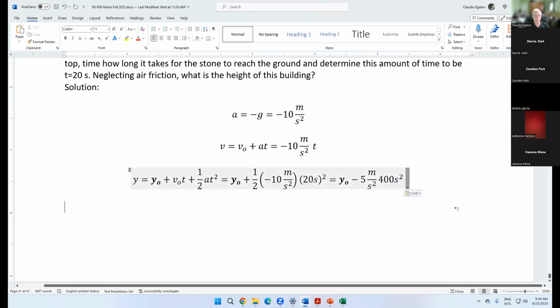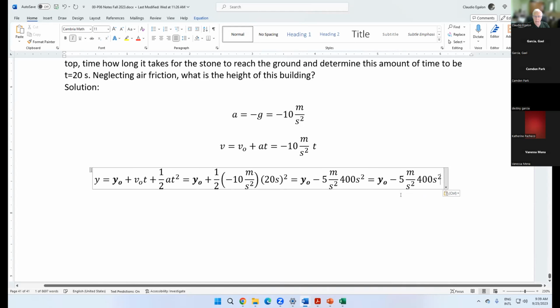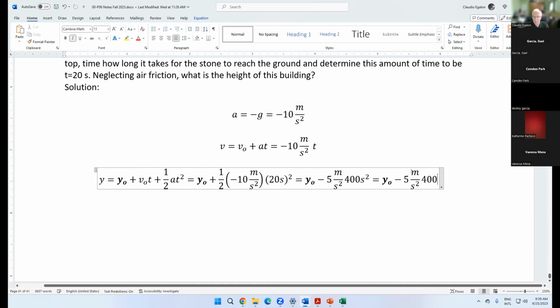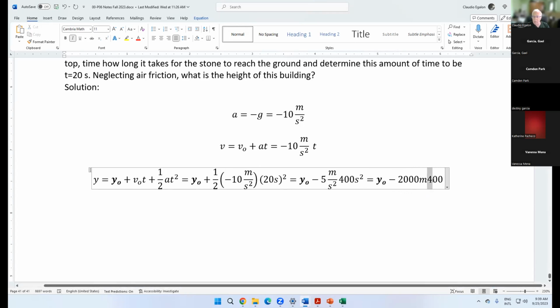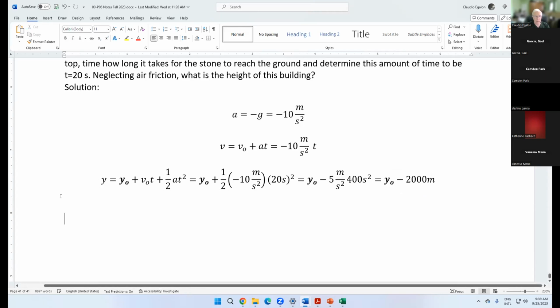We can go ahead and simplify as much as we can. Second square cancels the second square, so all that is left is meters. 400 times 5 becomes 2,000. Okay, and then we get this equation here.